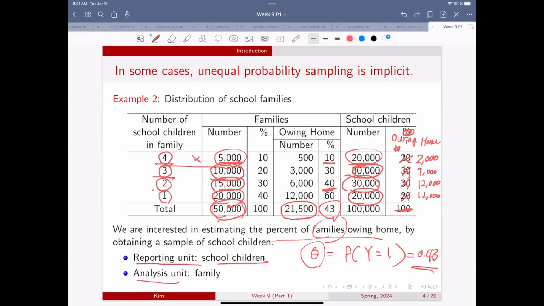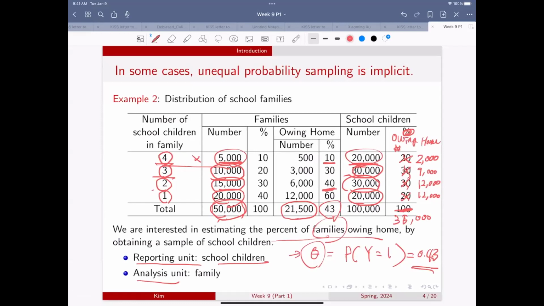So in terms of the number, we got how many? 35, okay. So among the 100,000 children, we have 35,000 children living in a family owning a home.